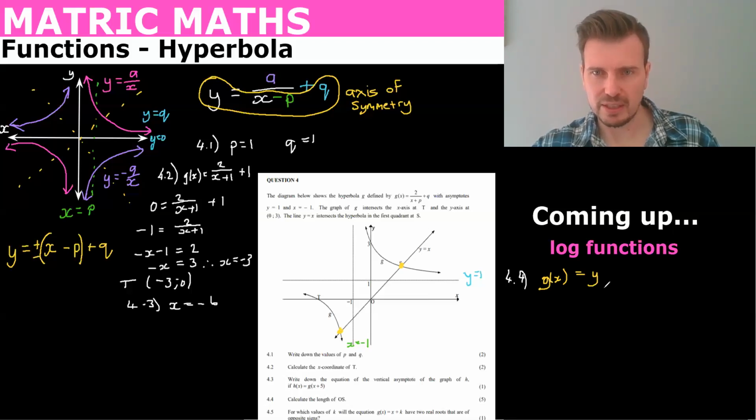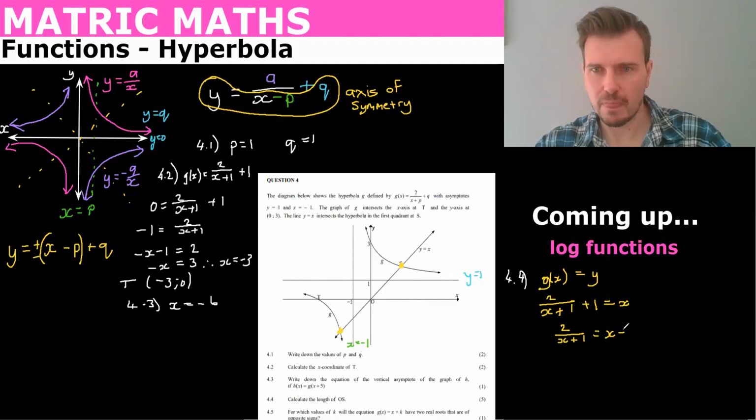So what we're saying is 2 over x plus 1 equals x, because y is equal to x. Now we take the 1 across, so we get 2 over x plus 1 equals x minus 1.